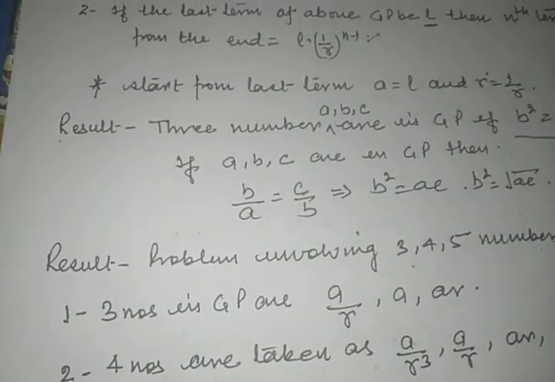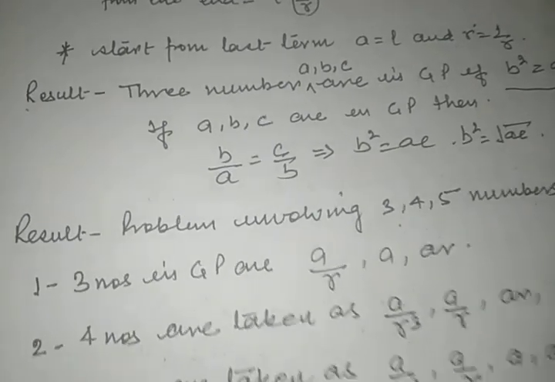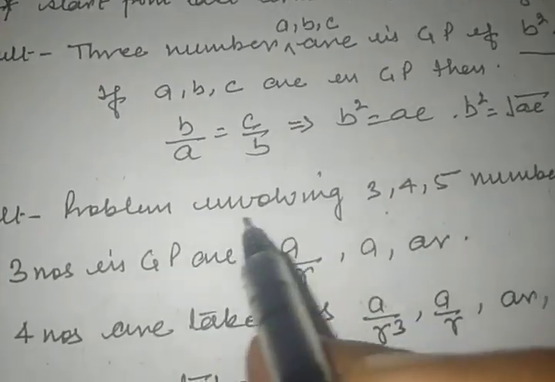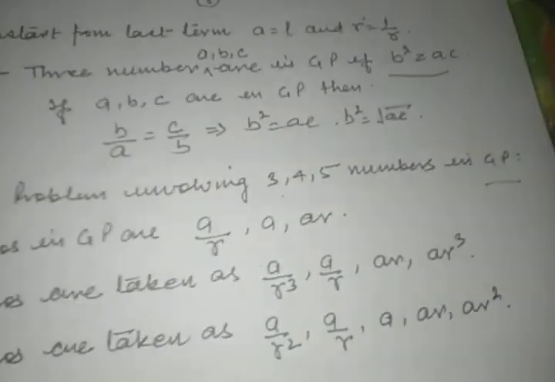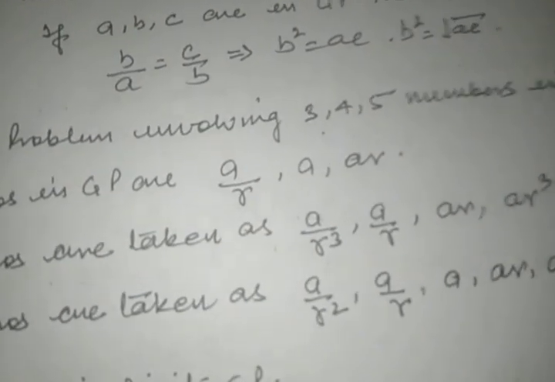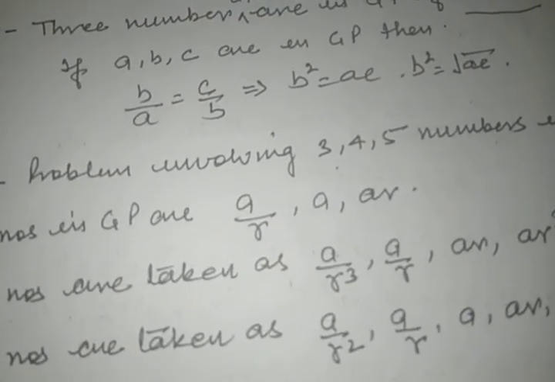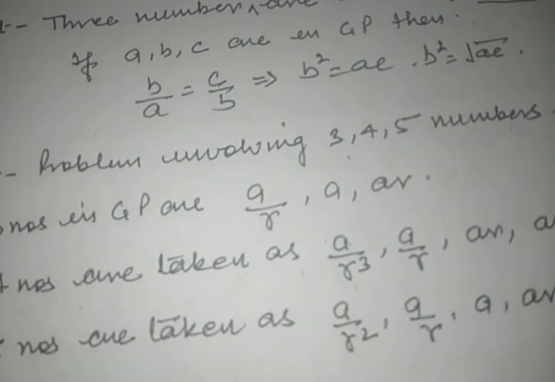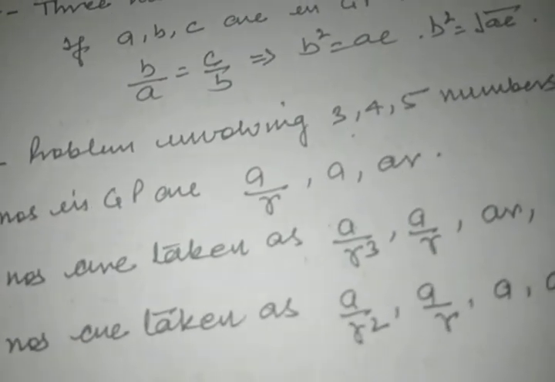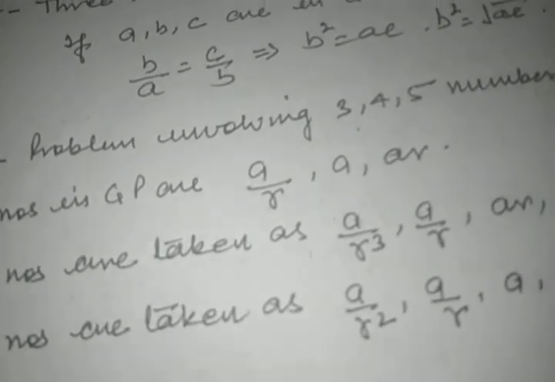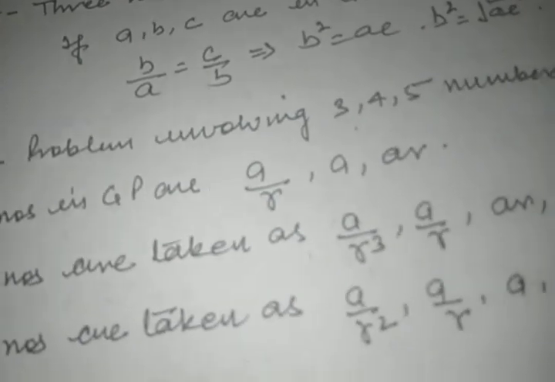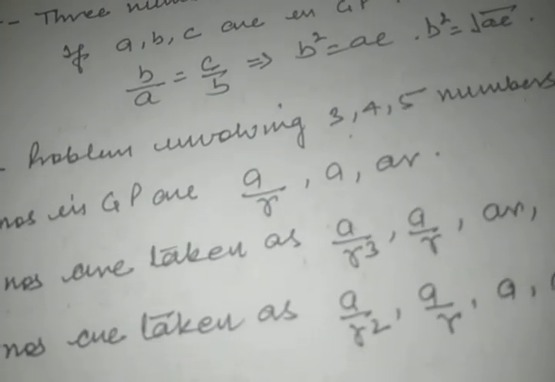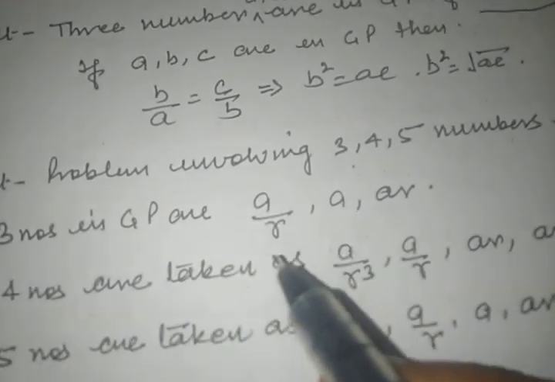Now, one result is there: problems involving 3, 4 or 5 numbers in GP. See children, you can take the terms from anywhere, but that will increase your calculation. If we take a selective number of terms, the calculation will be much easier. Three numbers we take as a upon r, a, ar.